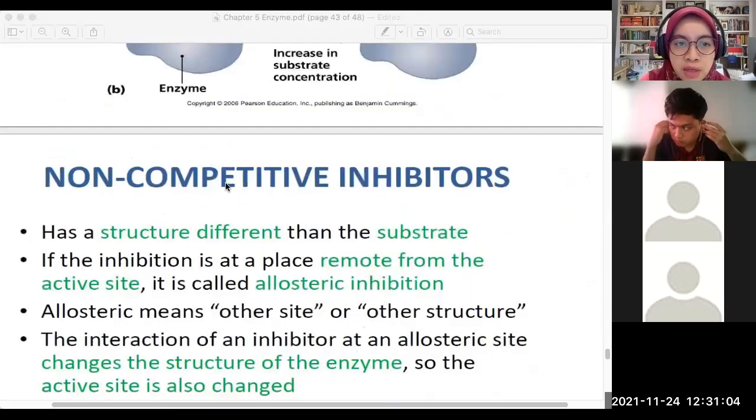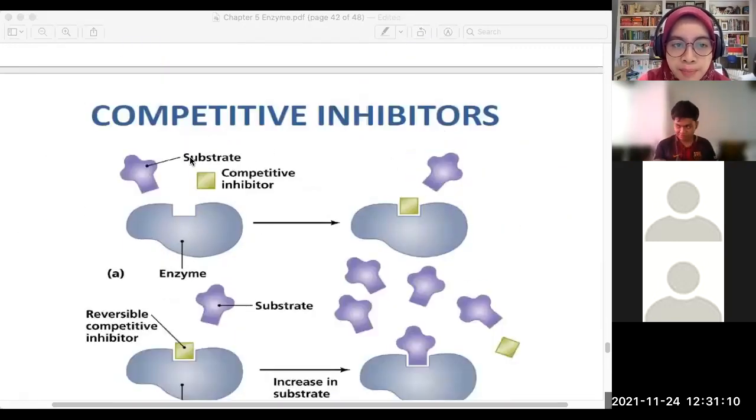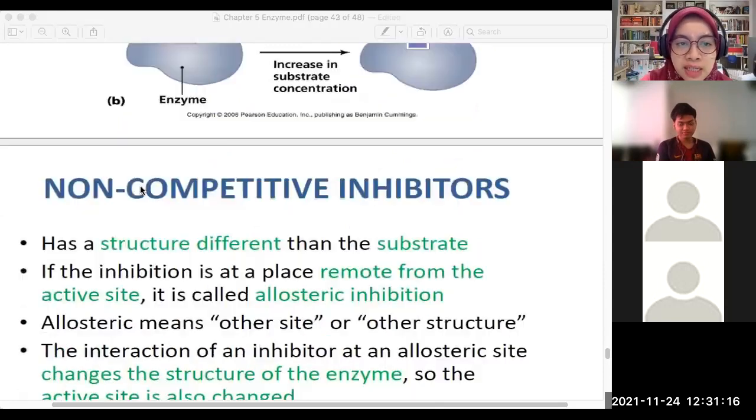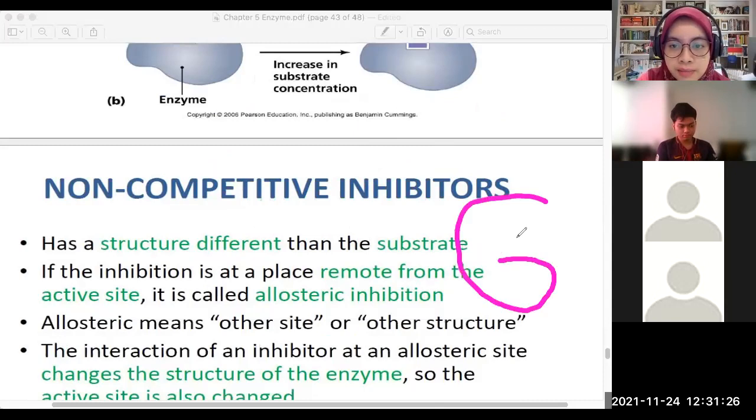We also have the non-competitive inhibitor. In competitive inhibition, the inhibitor competes with the substrate by binding to the same active site. But a non-competitive inhibitor binds to another side of the enzyme. Let's draw again. This is the enzyme.